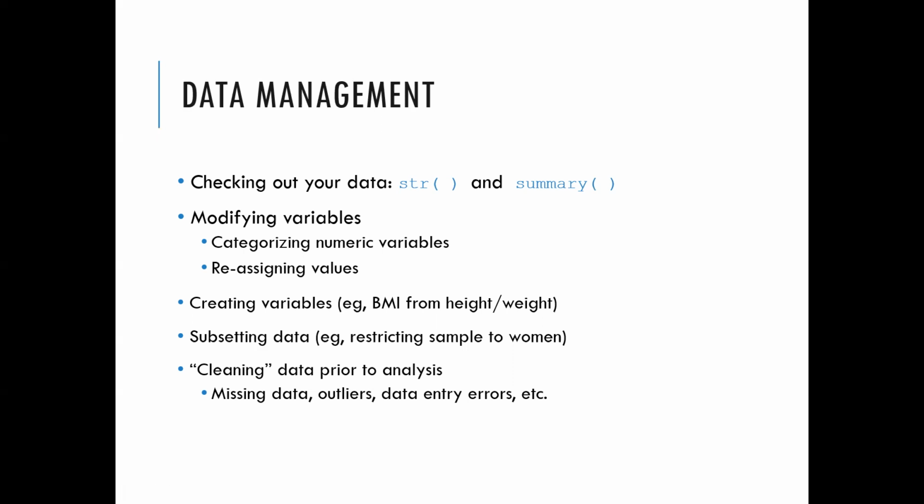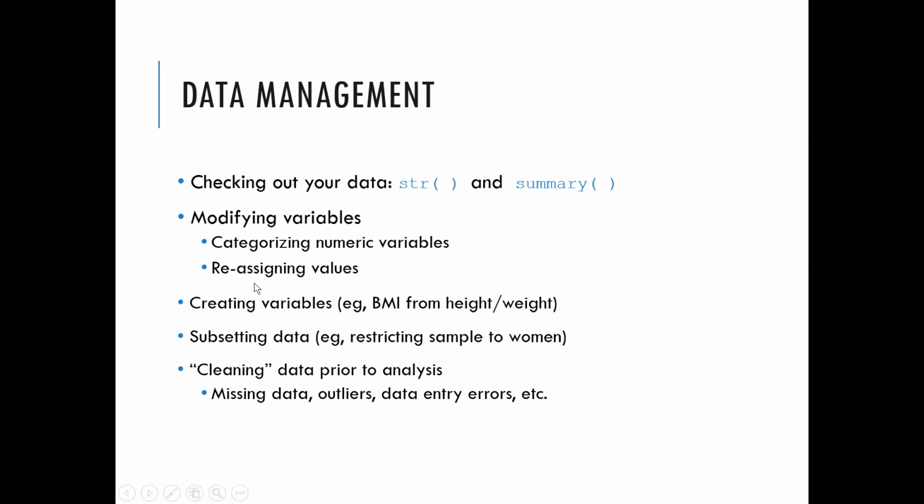So let's say we have a continuous variable in our data set for age, but we need to categorize age before we run our analysis. So we might end up categorizing numeric variables. Another thing that we might do is reassign values to variables that are in our data set. So these are all considered data management and preparing our data for analysis.